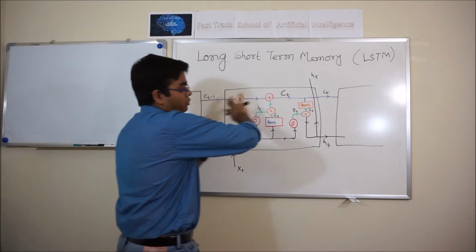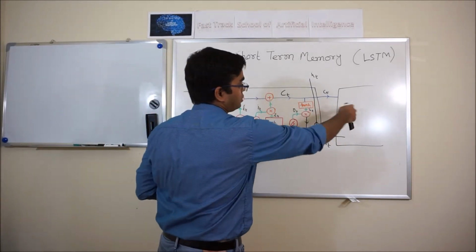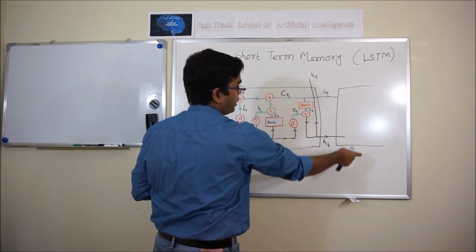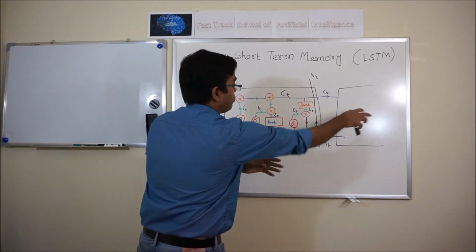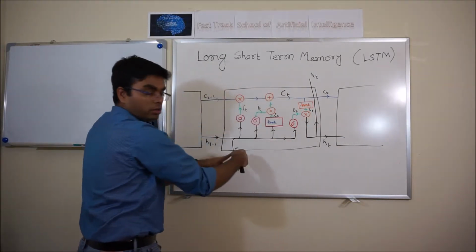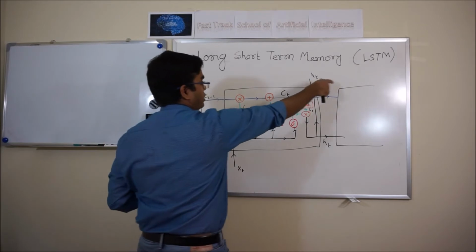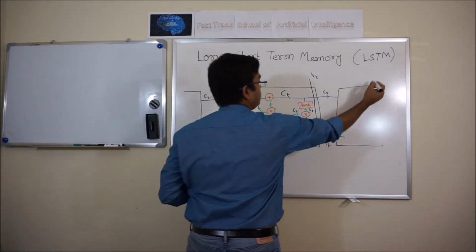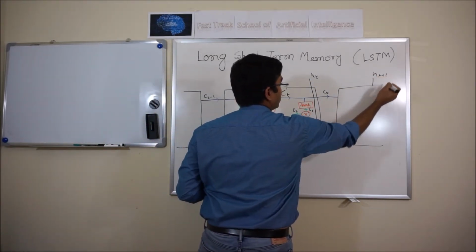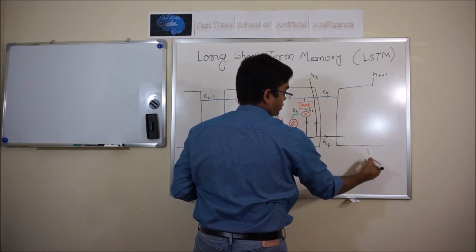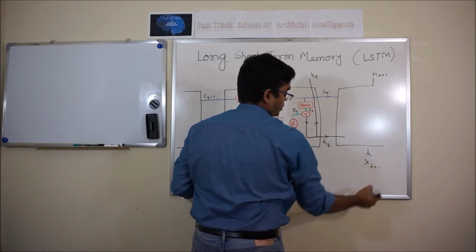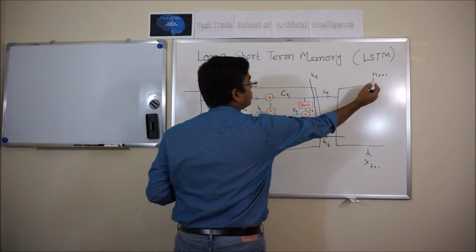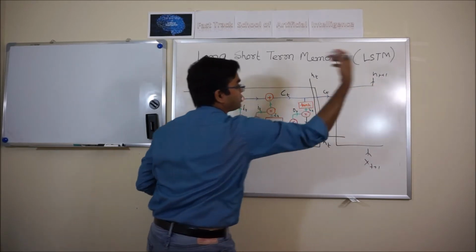The data flows through this side, and this block will also get this input and this input, perform a similar operation, and produce another output, maybe ht plus 1 and xt plus 1, taking one input, producing the output and producing another cell state.